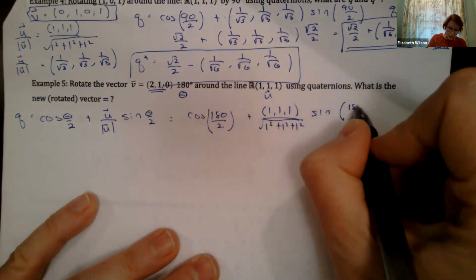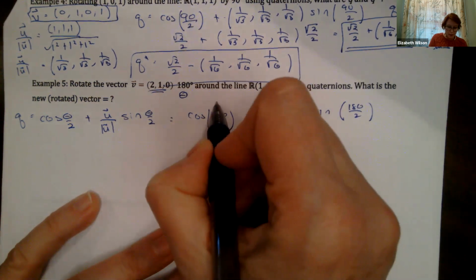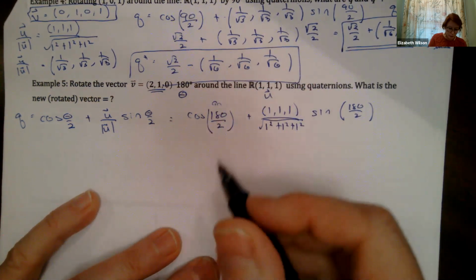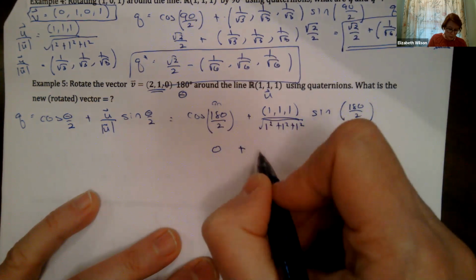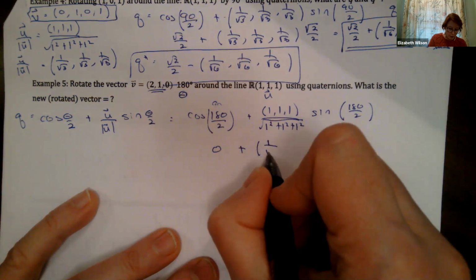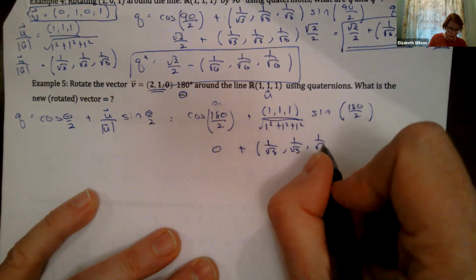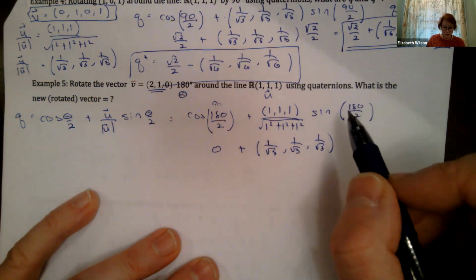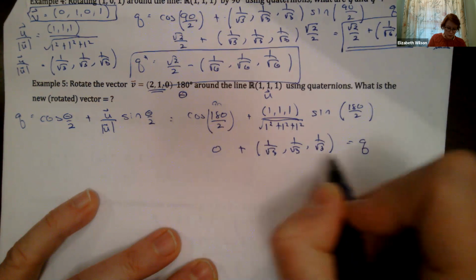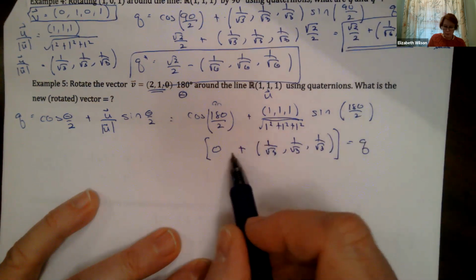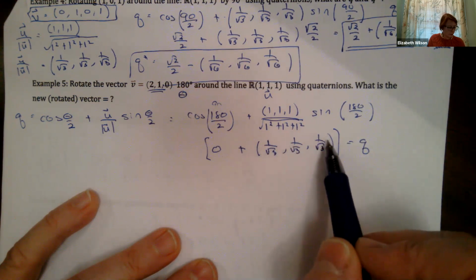Sine 180 divided by 2. So that's 90 degrees. Cosine of 90 degrees is equal to 0 plus, we just did this, 1 over radical 3, 1 over radical 3, 1 over radical 3. Sine of 90 degrees is equal to 1. So my Q is equal to 0 plus 1 over radical 3, 1 over radical 3, 1 over radical 3.